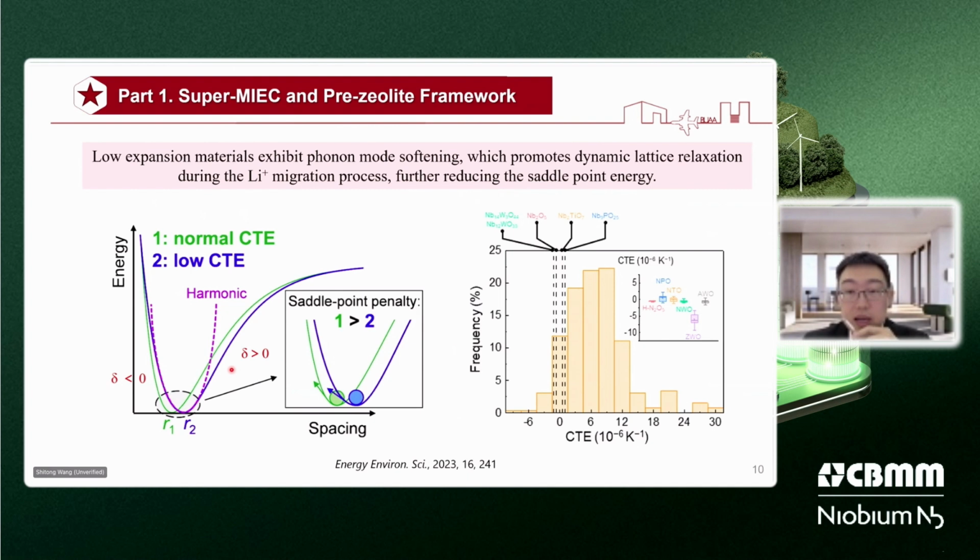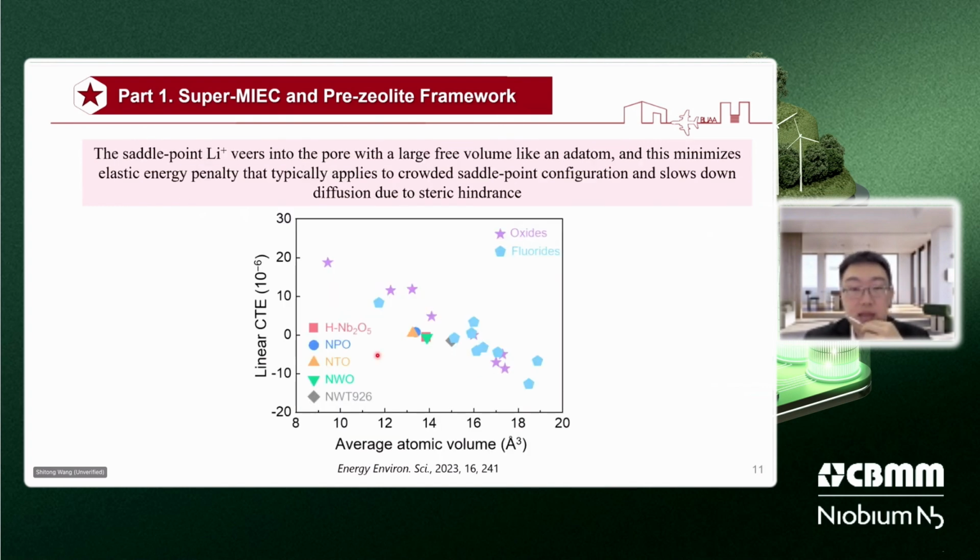The low expansion materials exhibit phonon mode softening, which promotes the dynamic lattice relaxation during the lithium migration process and further reduces the saddle point energy. And it is clear that the average atomic volume has a strong correlation with the negative coefficient of thermal expansion, as well as the fast ionic lithium migration process.